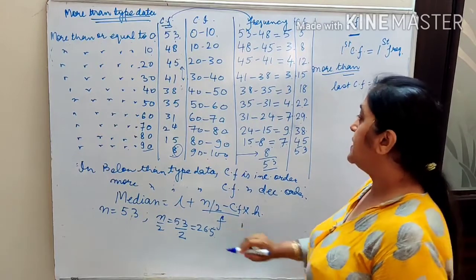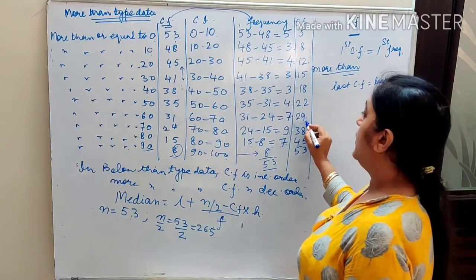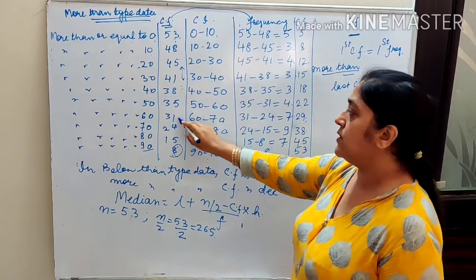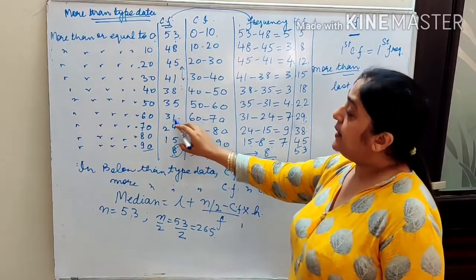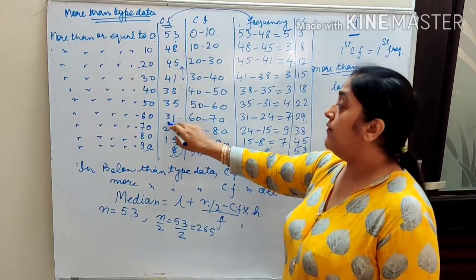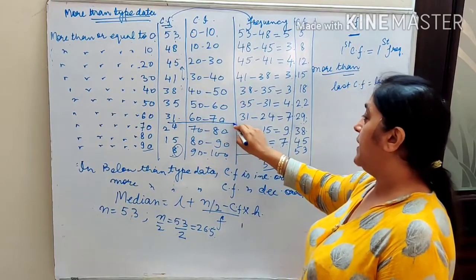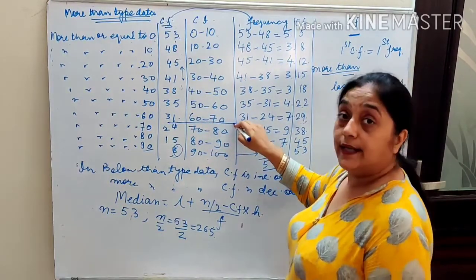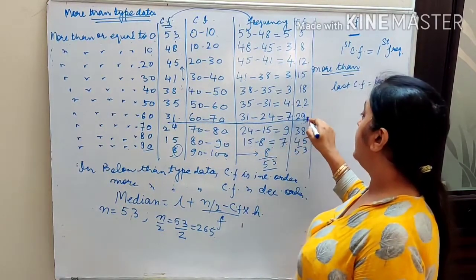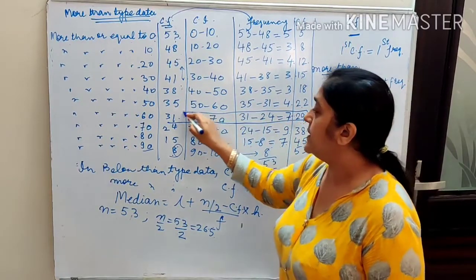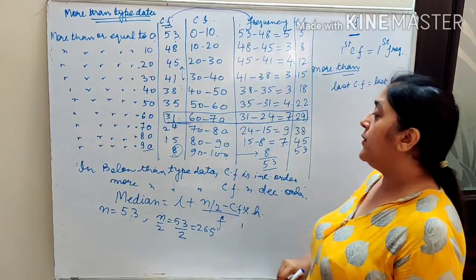So look for 26.5. Otherwise, from here also you can get it: 26.5 will come in the list of 31 if it is in decreasing order, and if it is in increasing order, it comes when the cumulative frequency is 29.